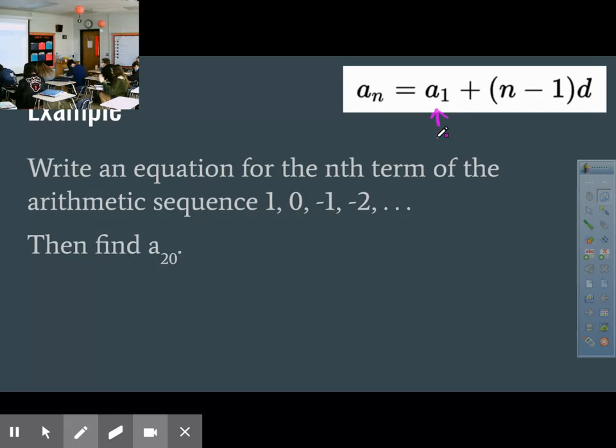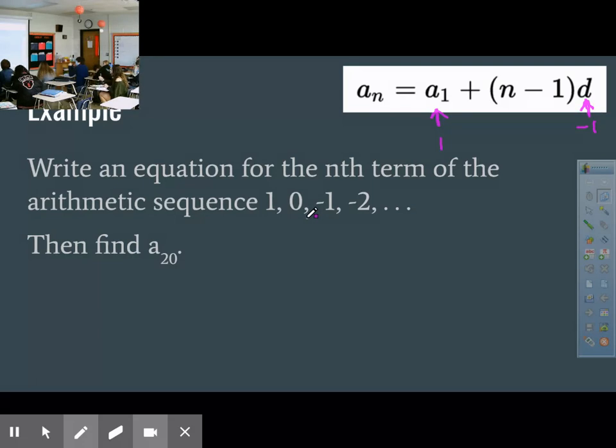The 1, because my first term is 1. Now you've got to figure out the common difference. Morgan, what would you say? Negative 1, because they're going down by 1 each time.